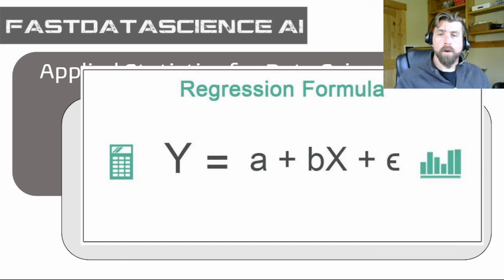A really simple example of this kind of model is a regression formula. This is the model or the equation for a line, right? A straight line in any given set of data. And in this case, all we're dealing with are two variables, x and y. I will point out that in this form, this model is purely descriptive.